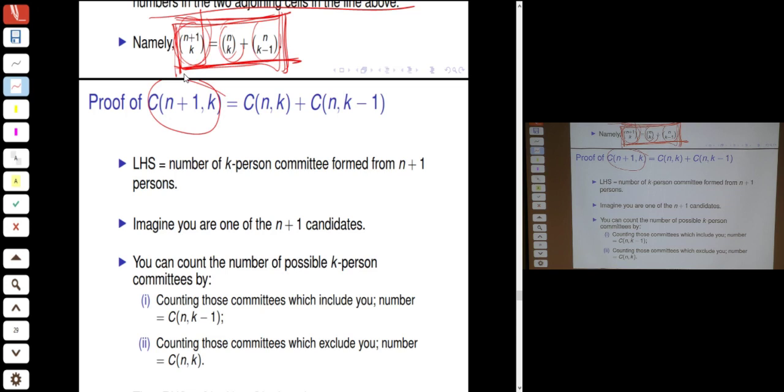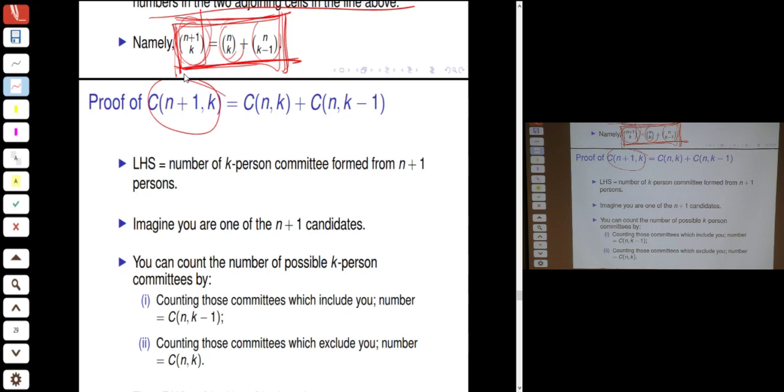So when you form this subgroup of size k, the subgroup could contain you, or it might not contain you. Suppose this subgroup does not contain you. Then all these k people must be chosen from your friends, and there are n friends in total.